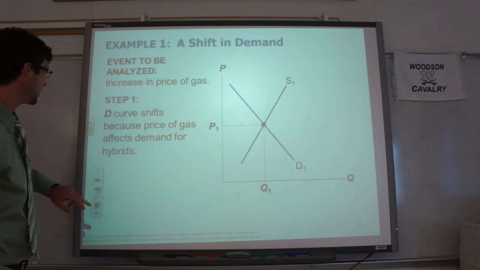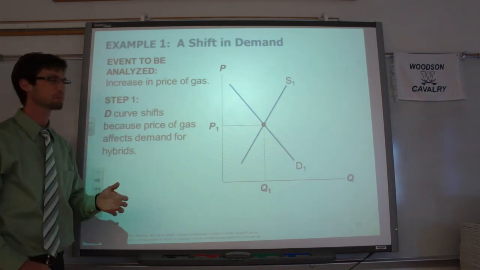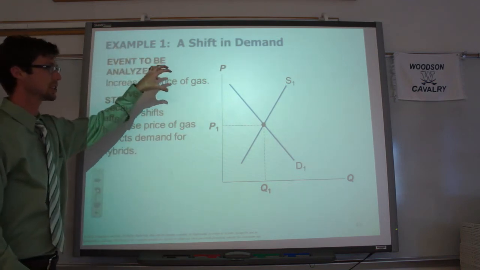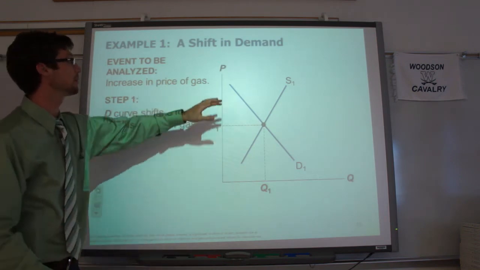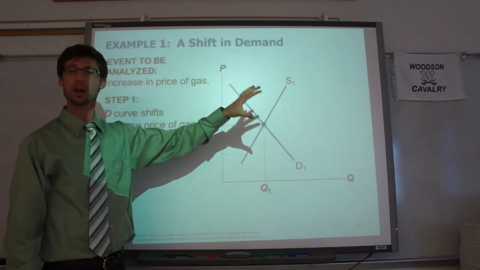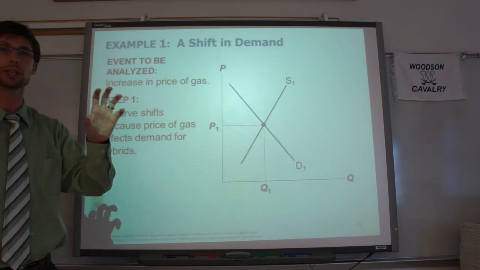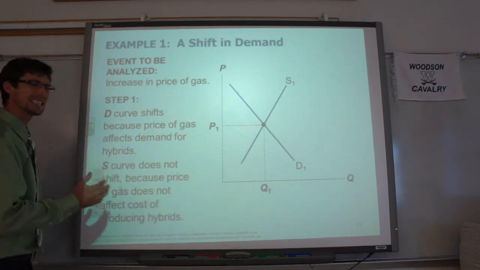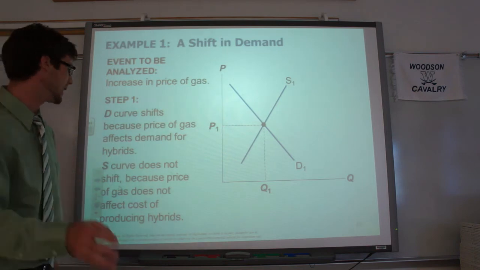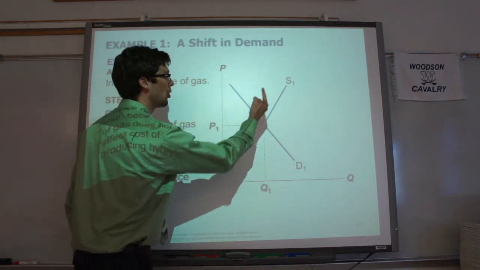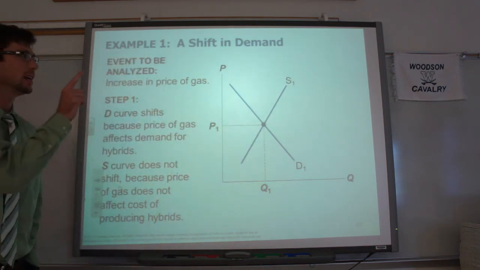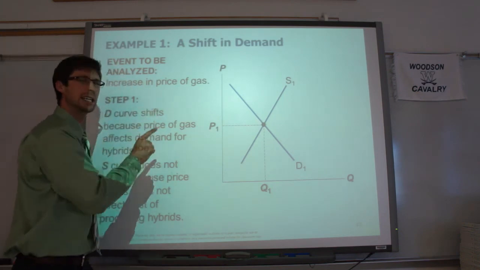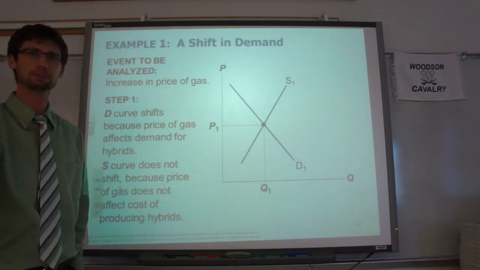Well, what we see is this actually affects demand, because the price of gasoline is going to change your tastes and preferences for hybrid vehicles. Those more fuel-efficient cars are going to be more desired by the markets. You might say, is supply affected? It is not, because supply is the curve here. You might think the gasoline is an input in the vehicle.